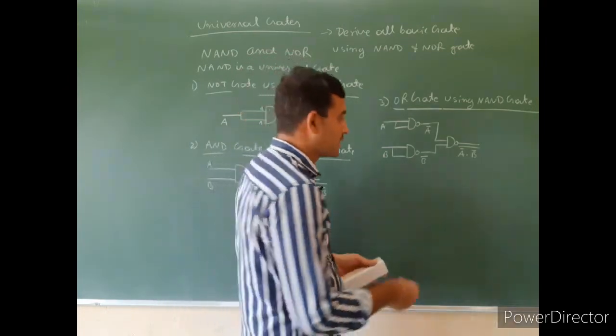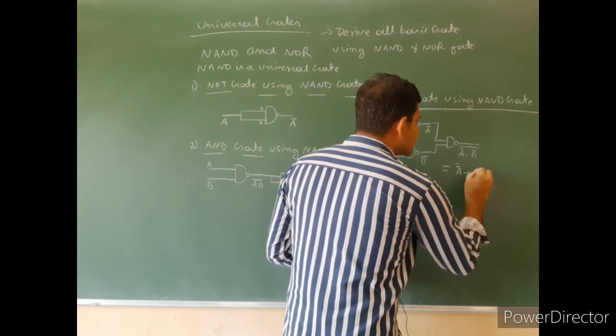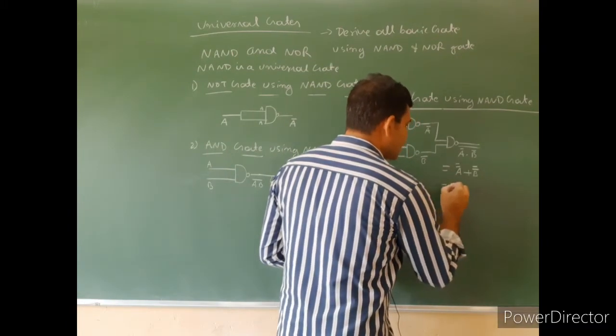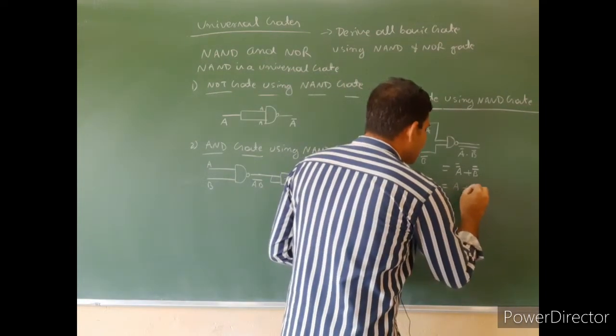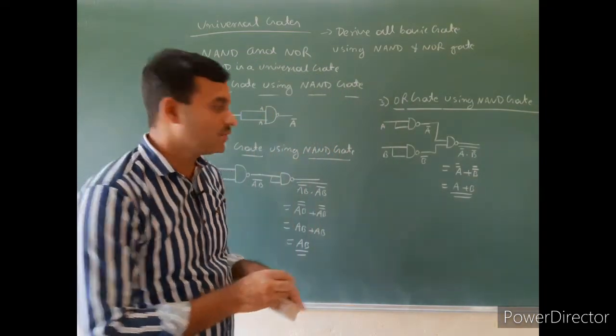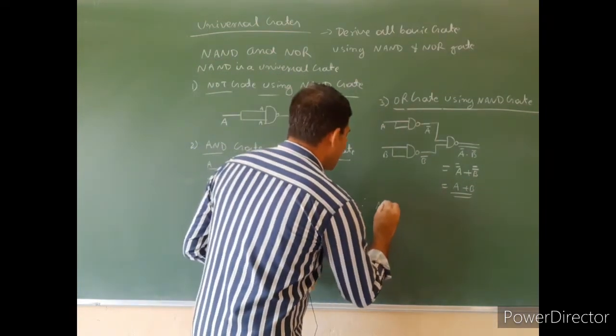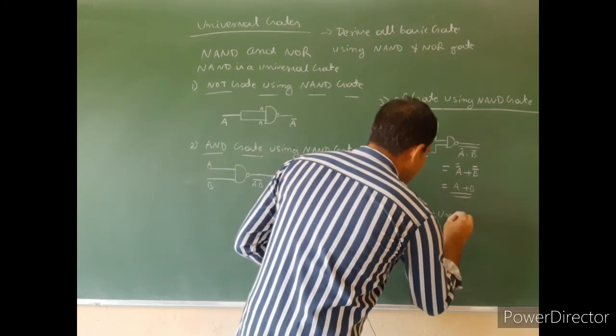Again apply De Morgan's theorem. Then it becomes A double bar plus B double bar. We know that X double bar is equal to X, so it becomes A plus B. A plus B is the output of the OR gate. So therefore NAND is a universal gate.